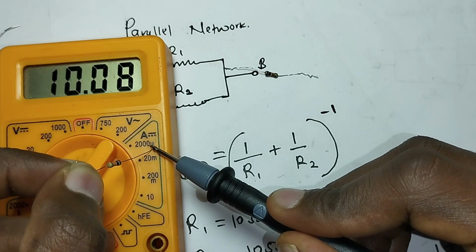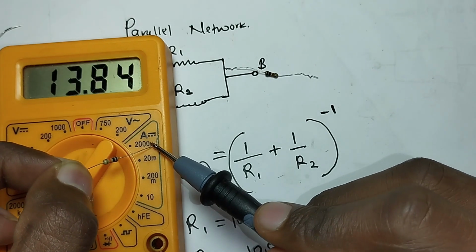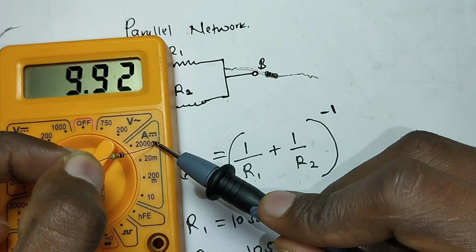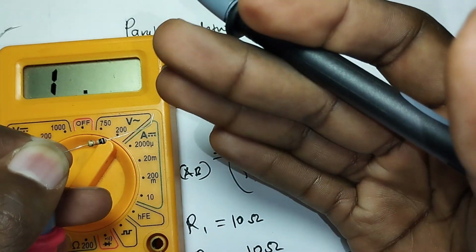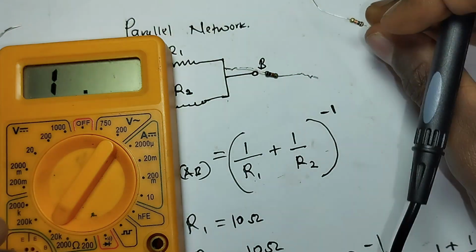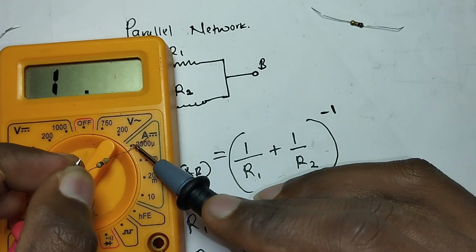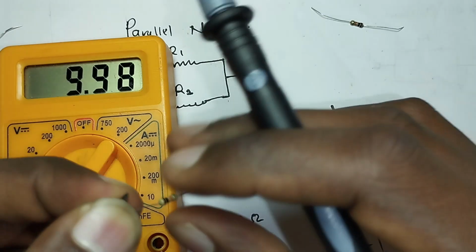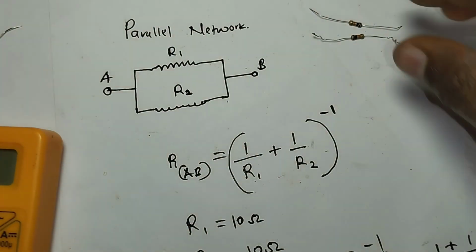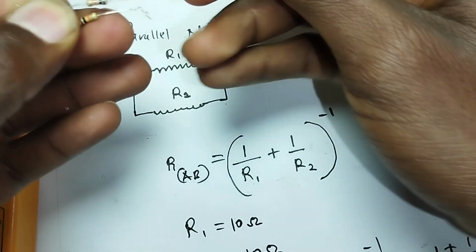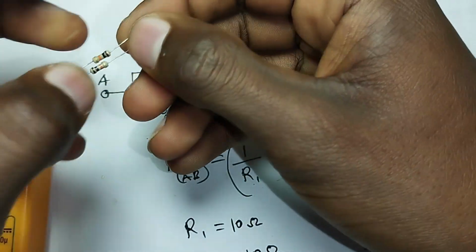So the first one is almost 10 kilo ohm. We can't get exactly 10 kilo ohm because we have some tolerances. So assume this one is 10, and the other one is 10. So let's connect them in parallel and see whether we have the same value as we calculated.